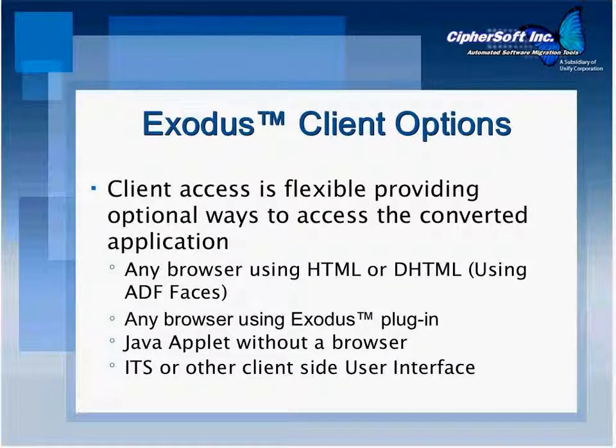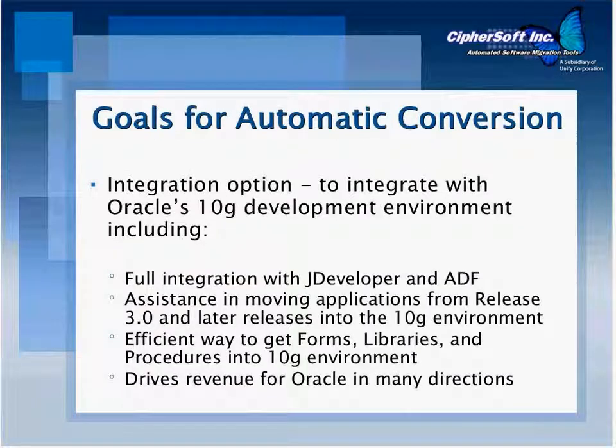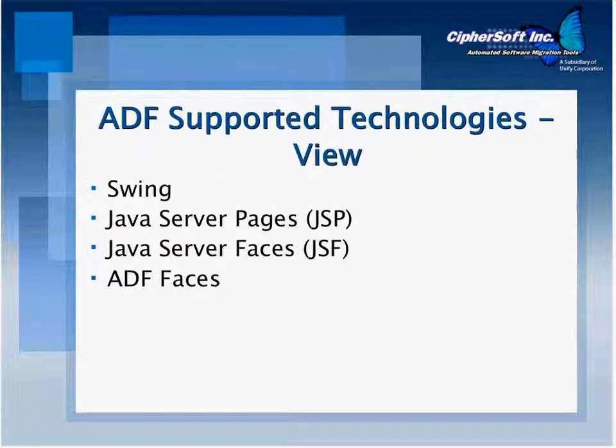That's really standard within the tool itself, giving you the choice of how you want to deploy that application going forward. Giving you those choices is really important because you need that flexibility. And then, as we talk about ADF, you have the choice of going to Java Server Pages, Java Server Faces, Swing, or ADF Faces with the ADF technology.